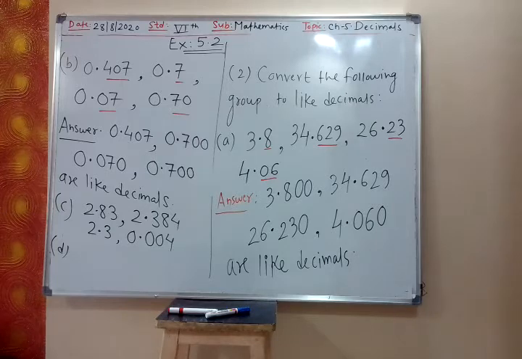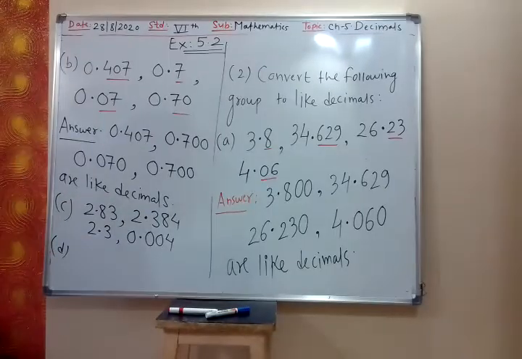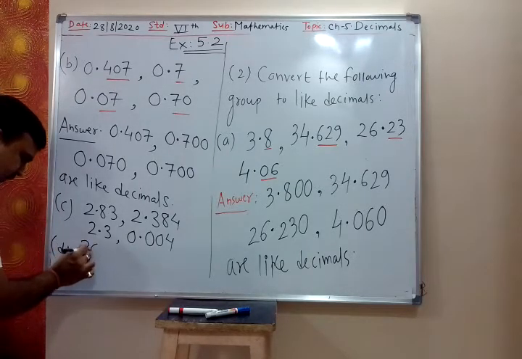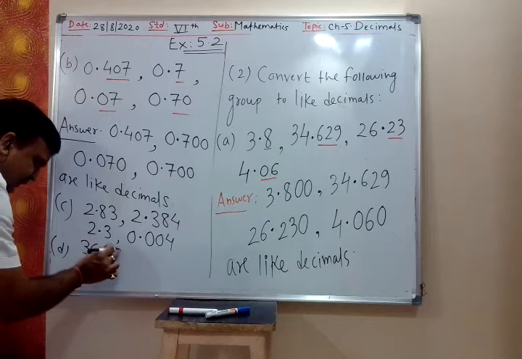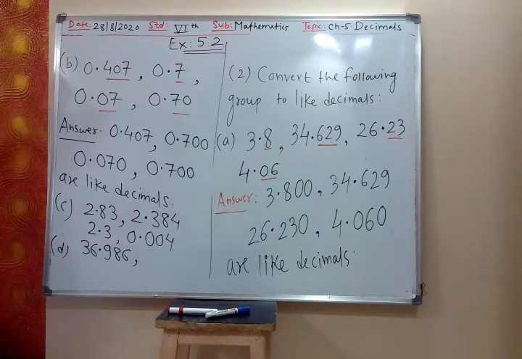Yes, clear. 0.004. This is C. Now D I am writing: 36.986, 138.6. C and D I am giving homework.